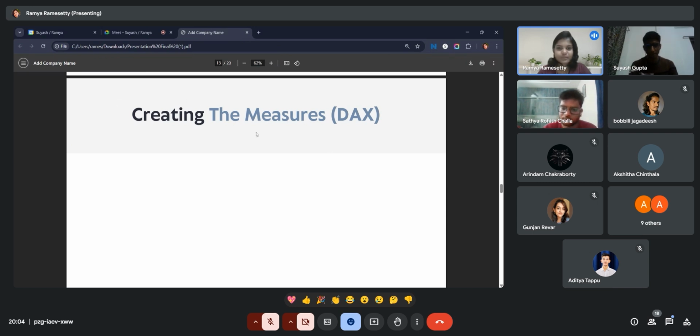DAX is used mainly for creating dashboards more dynamically. We also use columns, but with measures we can dynamically change or dynamically filter to our needs.